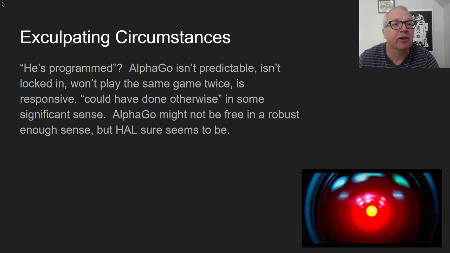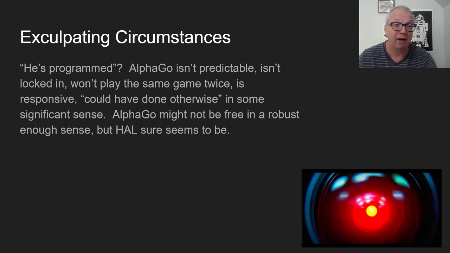And it seems like the obvious point to make here is, the system or the machine is just programmed. And we'd have this sort of intuition that if it's merely programmed and doing what it does, then it's not guilty in a murder sense of guilty, not responsible that way. So I just want to stress a point here that Dennett doesn't. Look, AlphaGo, for instance, isn't really strictly predictable.